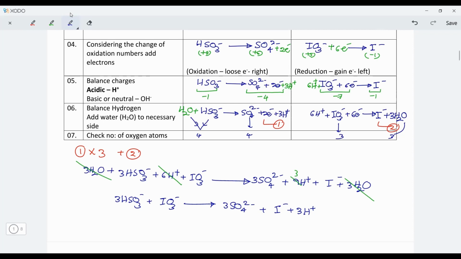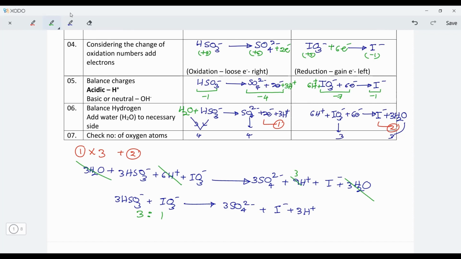Then how is this becoming important in our chemical calculations? You need to get this ratio, the 3:1 ratio. We call it the stoichiometric ratio, right? That means with 1 IO3 minus, you need 3 HSO3 minus to react. You can put it into moles also.